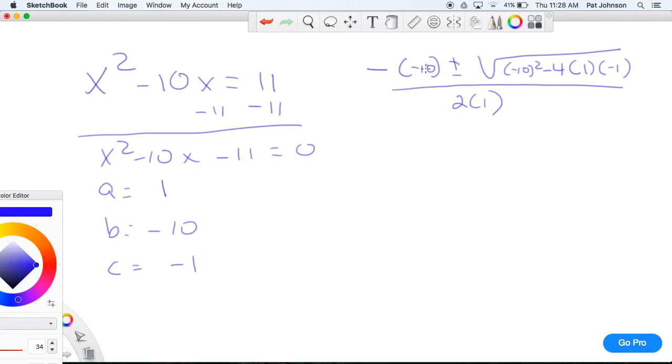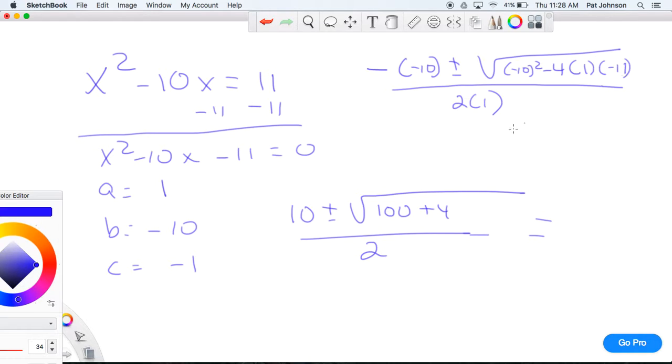So the opposite of negative 10 is 10, plus or minus the square root of negative 10 squared, which is 100, plus 4, because I have a negative times a negative, all over 2. Then I can simplify this. This is 11, I have to write this correctly, so it's 44.